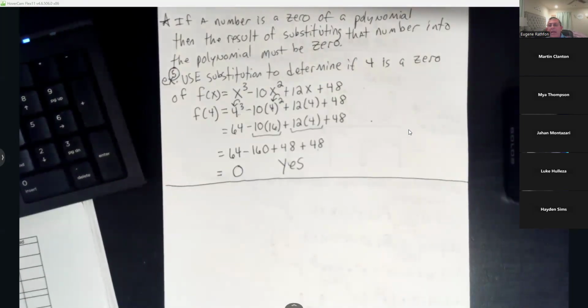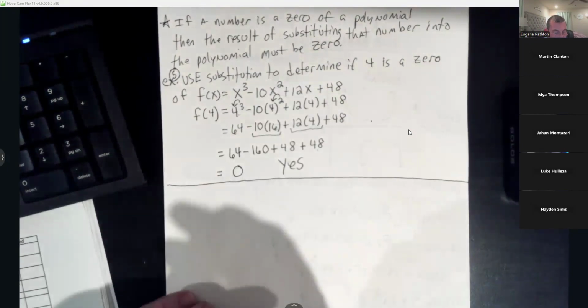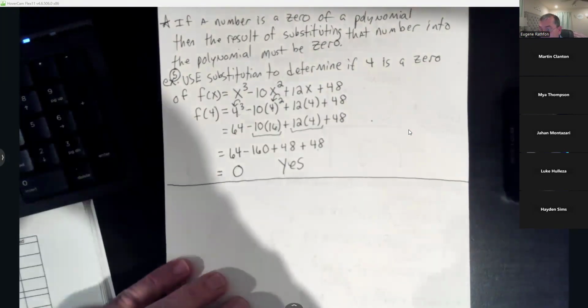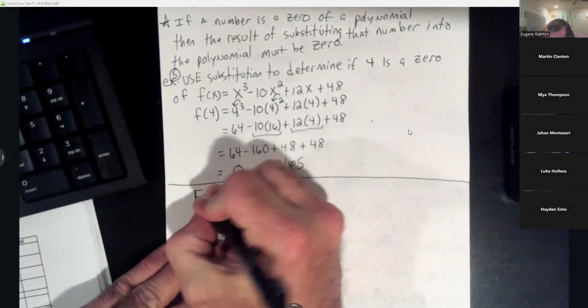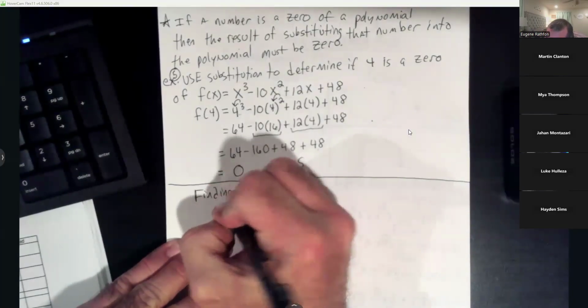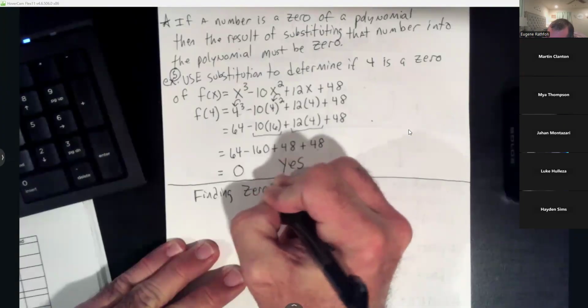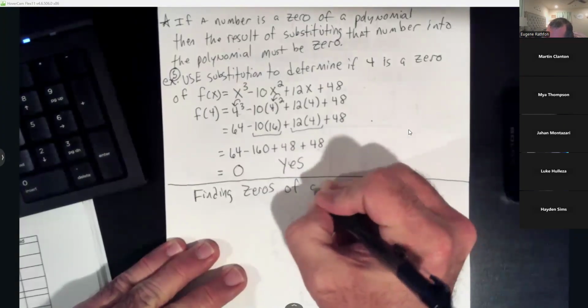All right, y'all. So now the big thing in this section is finding zeros of a polynomial.